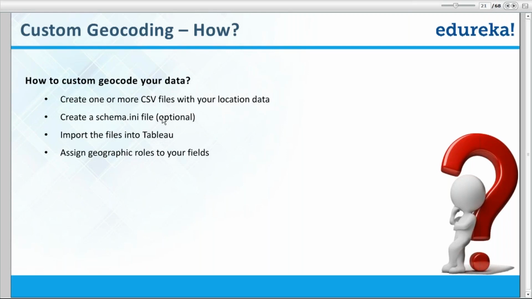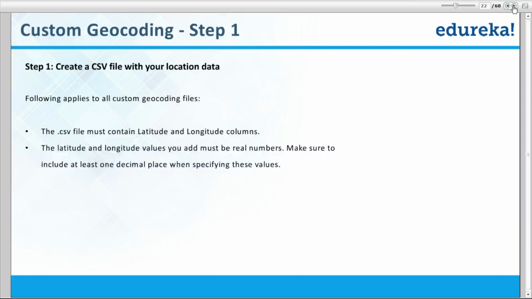The option to create a schema.ini file is not mandatory now, it's no longer required. The second step is to import these files into Tableau and assign geographical roles to your fields. So first you need to import this file into Tableau and then assign the roles to your fields.